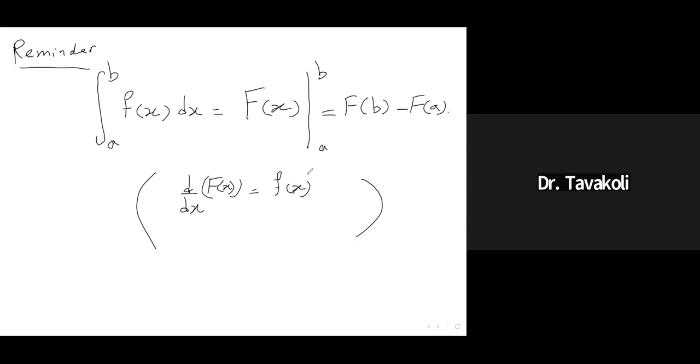But in Calc 1 and also in Calc 2, so far, a and b were real numbers. They were not infinity. But sometimes b could be plus infinity, or a could be minus infinity, or we might have both situations in one example.